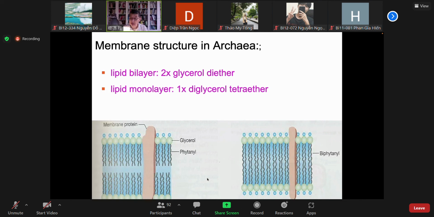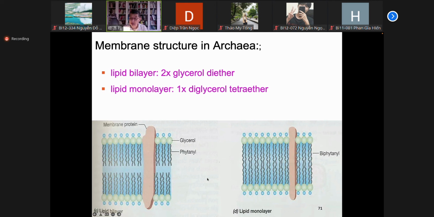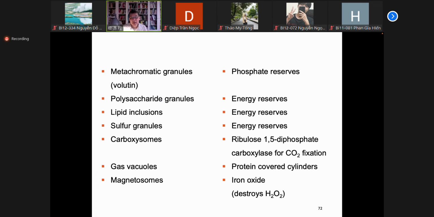Okay, so I have tried in much more detail. And now let's go into other structures. The first is the inclusion inside or on the periphery of the bacteria.